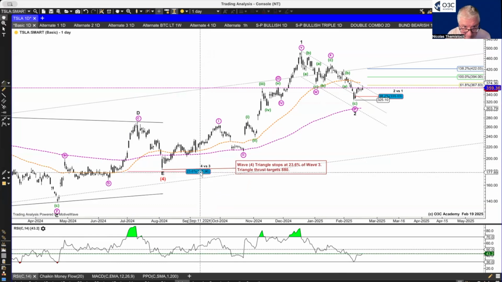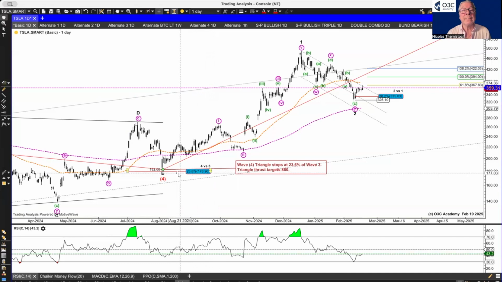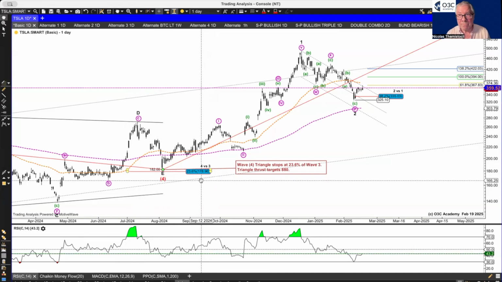And here, 23.6%, pretty precise, and bang on. Wave 4 retraced very roughly 23.6% of prior wave 3. So it kind of fits that this is the end of wave 4.